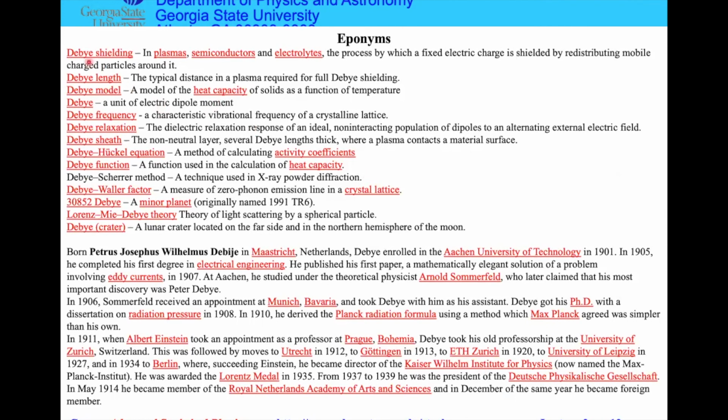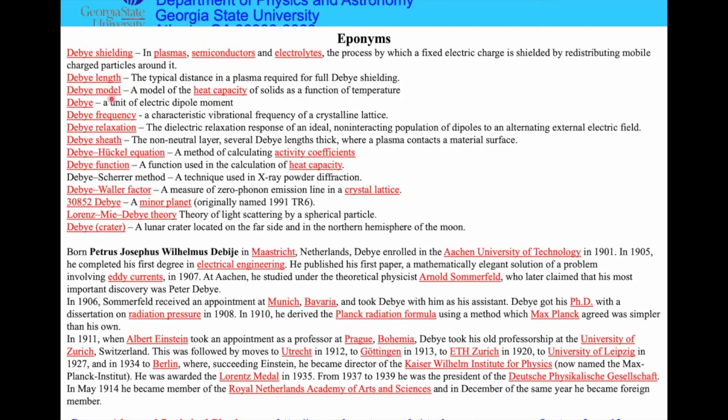These are eponyms, phenomena carrying the Debye name. Debye shielding, which we actually call Debye screening, is used in plasmas and electrolytes. In semiconductors, it's most often called Thomas-Fermi screening, but it's exactly the same. The Debye length is the Thomas-Fermi length in semiconductors, the length over which screening occurs.